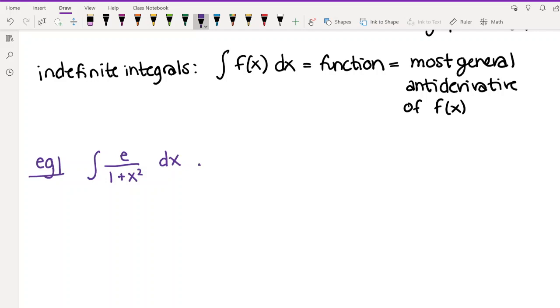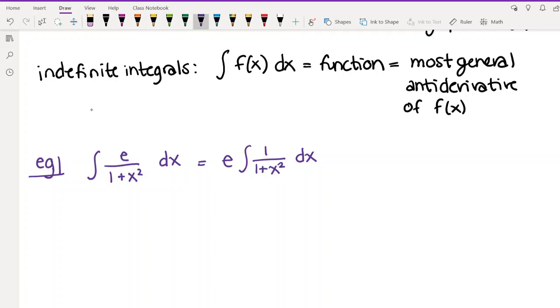One thing that we talked about when we talked about properties of integrals that I want to re-emphasize because it's really important is that when you have a constant, you can pull that constant outside of the integral. So I can rewrite this as e times the integral of 1 over 1 plus x squared. Why would you do that? Well, now you can just focus on what's the antiderivative of this function, and you don't have to worry about that extra number.